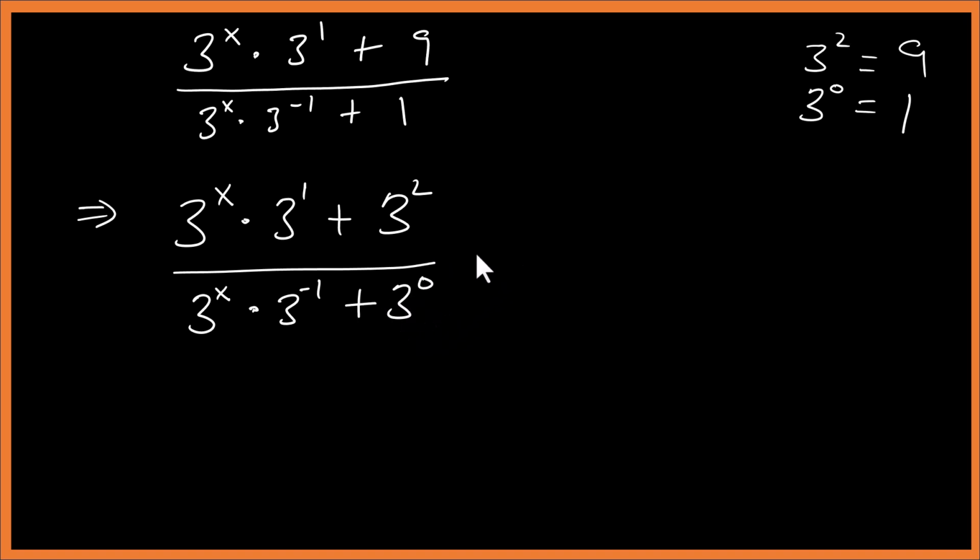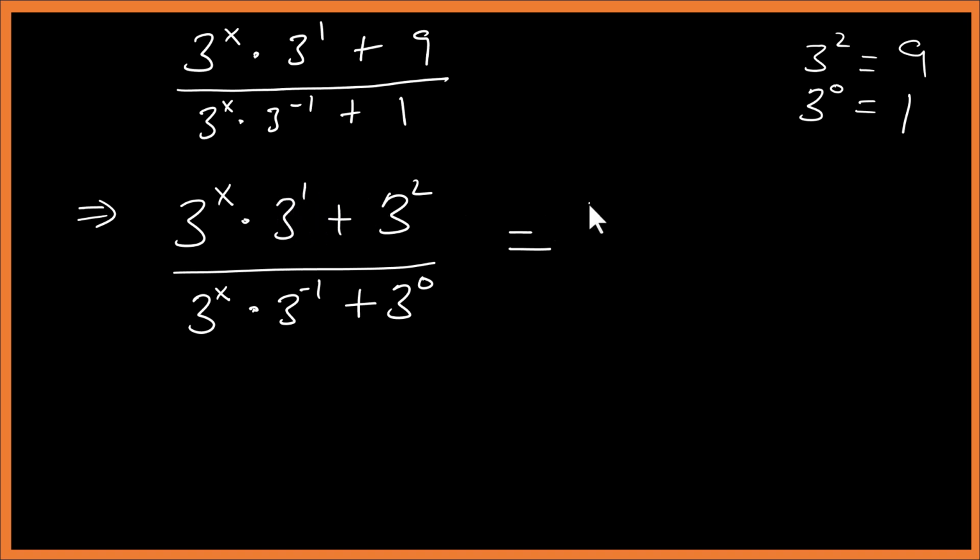Okay, now let's see if we can factorize something out from both the numerator and denominator. Now let's observe the numerator. Can I take 3 to the power 1 out? Yes.